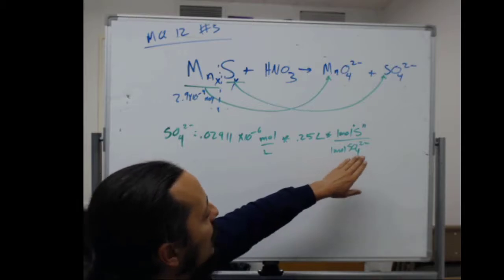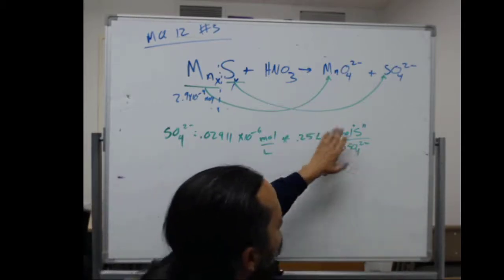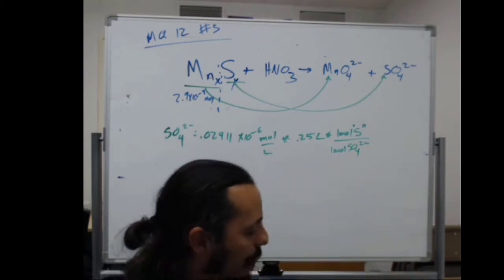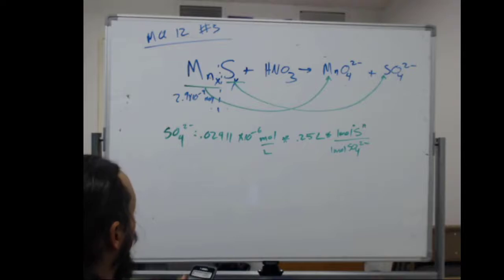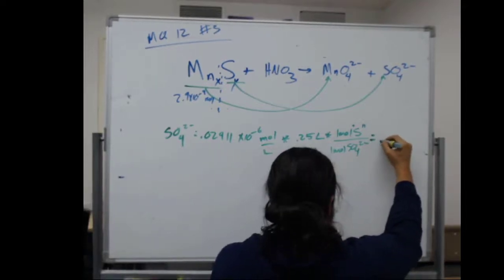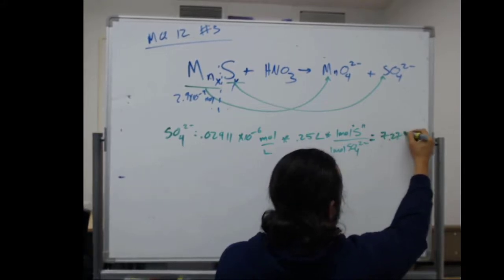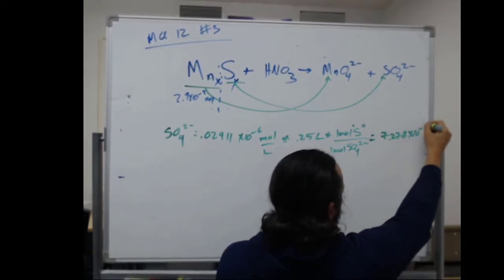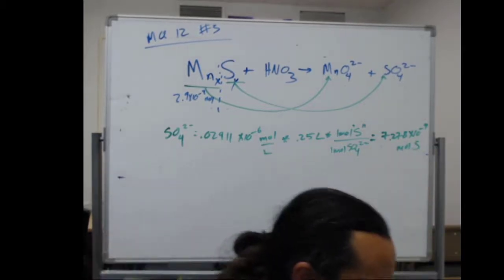Mathematically, I feel okay with that because you're just multiplying by 1. Chemically, it's really important that we realize that's happening, though. And we get 7.278 times 10 to the minus 9 moles of sulfur in that sample.